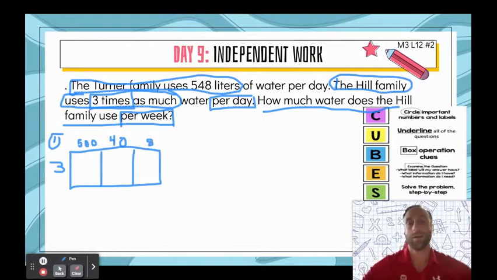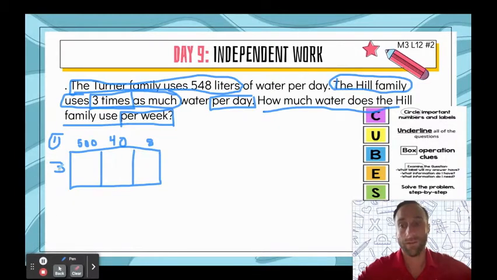I break it down into all the different values that 548 has, multiply each value by 3, and then I'll add them all up. The area model is just breaking it down so it's nice and easy to see. Maybe use our zeros tricks if that helps us, and rely on our math facts.